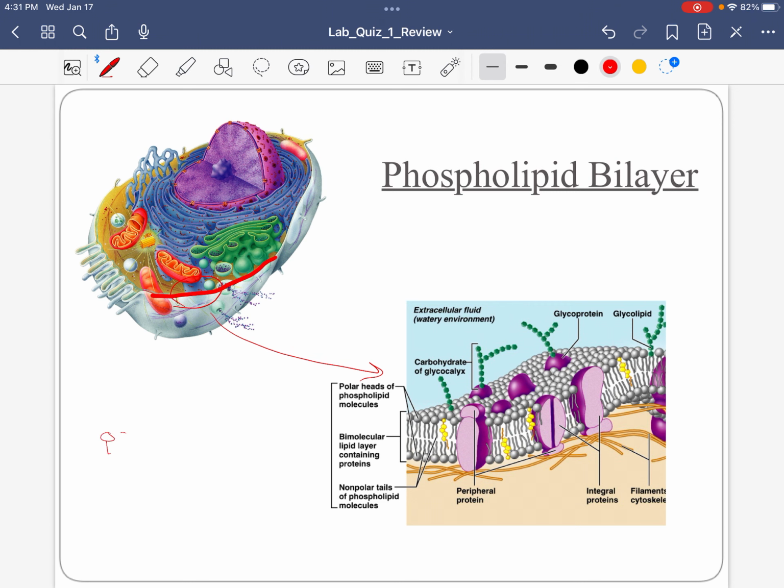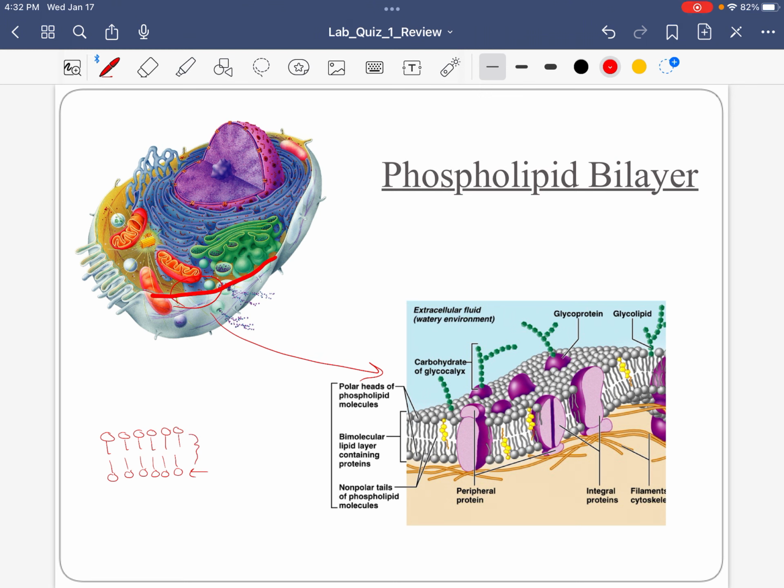Each little thing like this is a phospholipid. They kind of look like the pegs from the board game Life. But they're arranged in a bilayer where there's a double layer, right? And you'll know from lecture that the heads of each phospholipid face the inside and outside of the cell, and the tails face the middle.